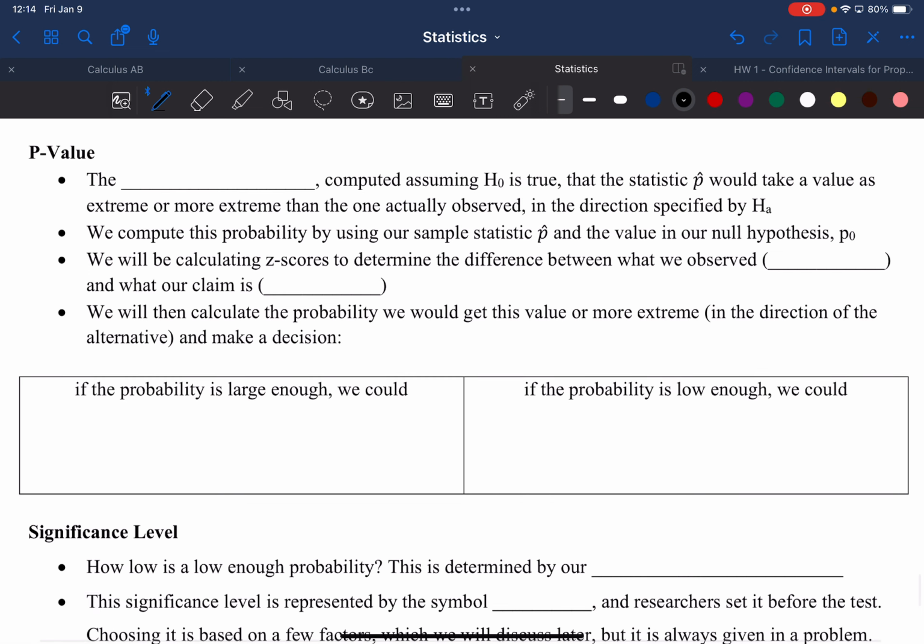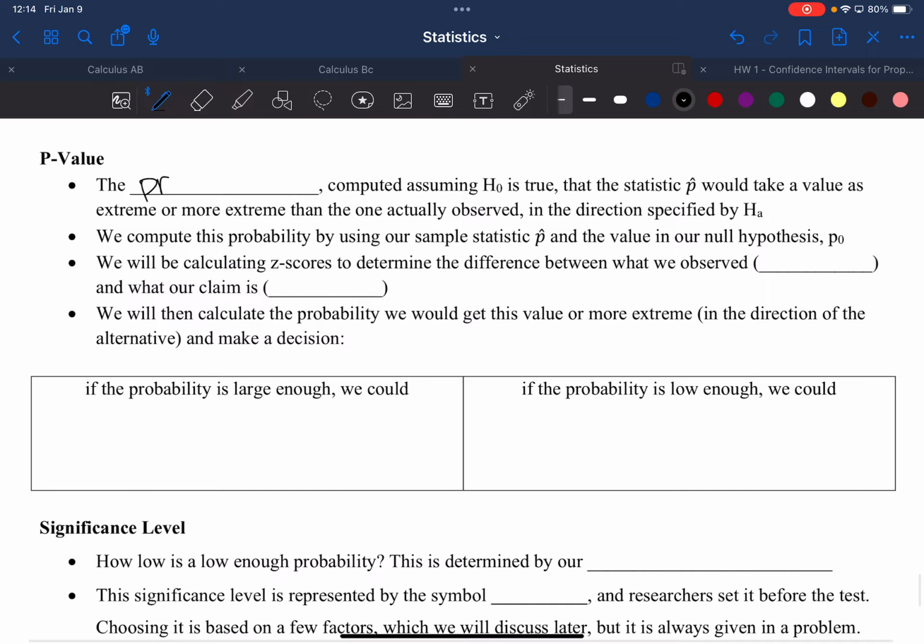Okay, so now let's talk about p-value. The p-value is the probability, computed assuming H naught is true, that the statistic p hat would take a value as extreme or more extreme than the one actually observed, in the direction specified by the alternative hypothesis. We compute this probability by using our sample statistic p hat and the value in our null hypothesis, p naught.